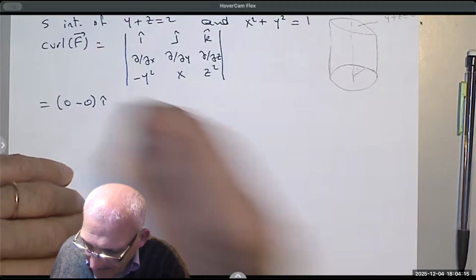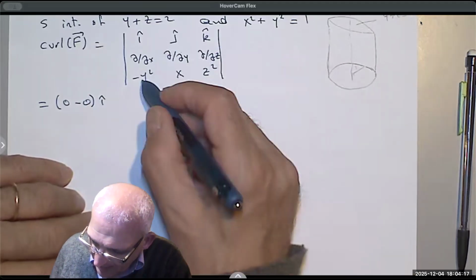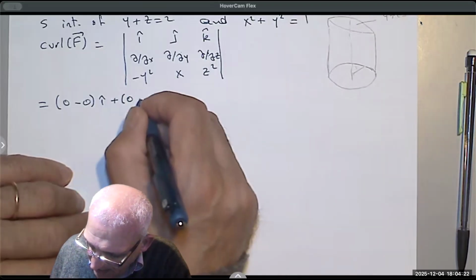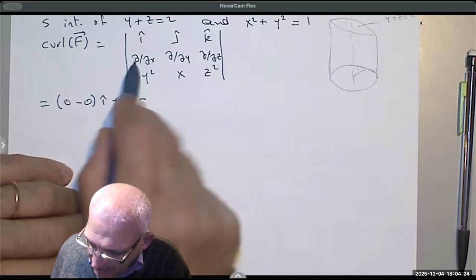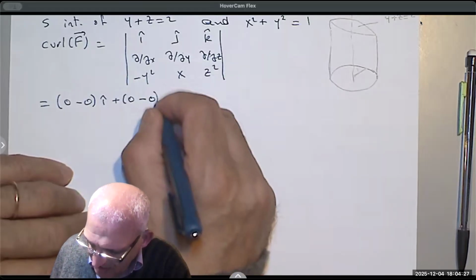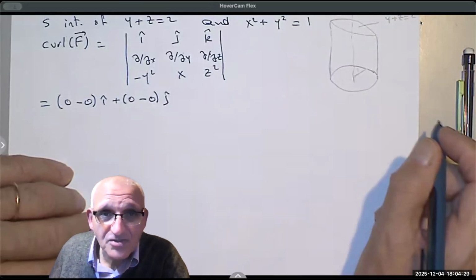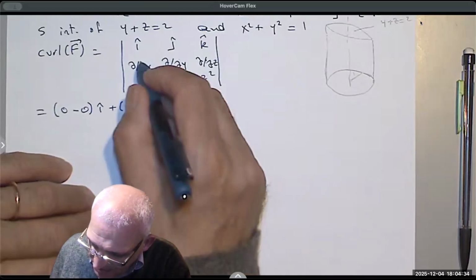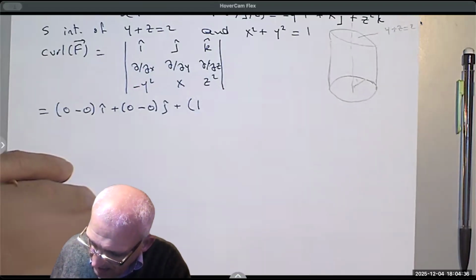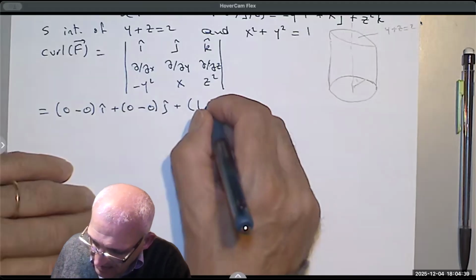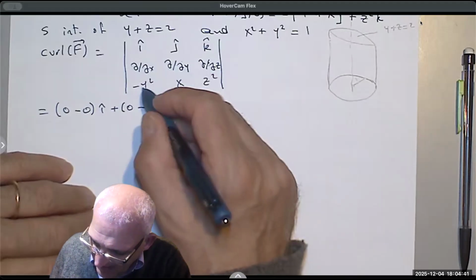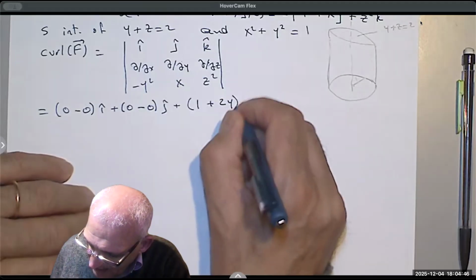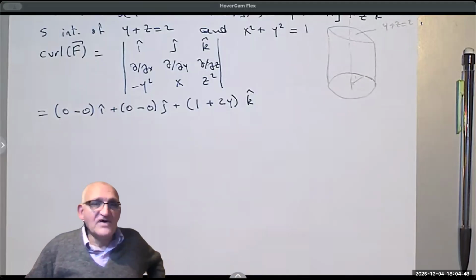So I get 0i. When I go to the j, notice we do it backwards. Partial z of negative y squared is 0 minus partial x of z squared is also 0. So I don't have i's or j's. In the k direction, I get partial x of x is 1 minus partial y of negative y squared, which would make that positive, and the derivative of y squared is 2y, k. So that's the curl of f.